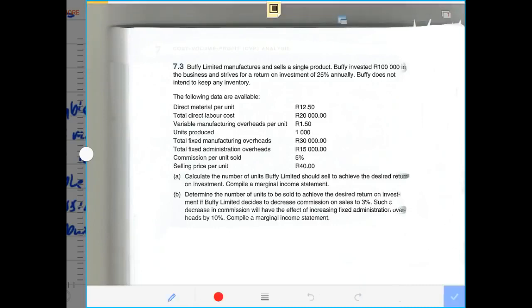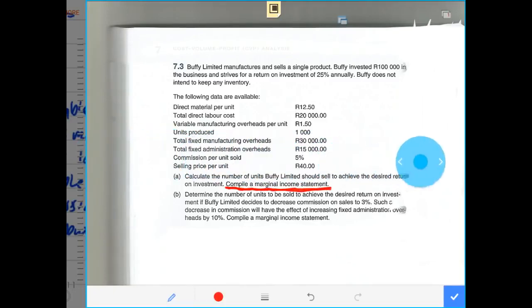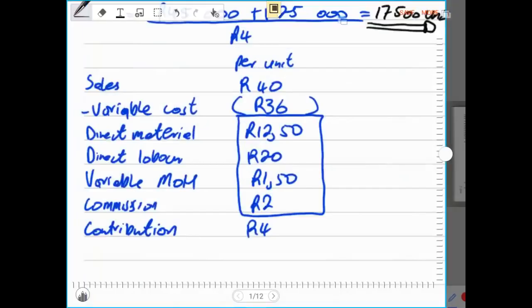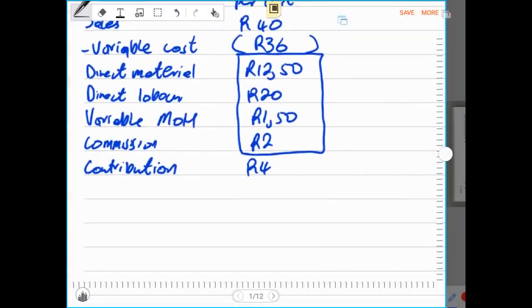This is the further step where we are required to compile a marginal income statement. If you are required to do this income statement, please do so. I will do it the way it was supposed to be done, although I've already done everything. So in the income statement, after the contribution, we have to say less fixed cost.